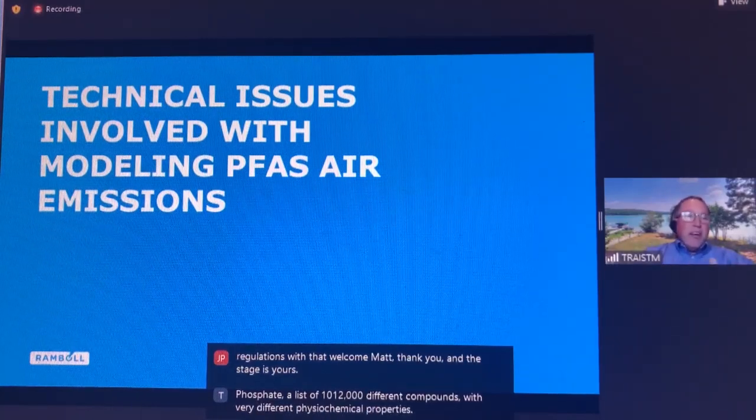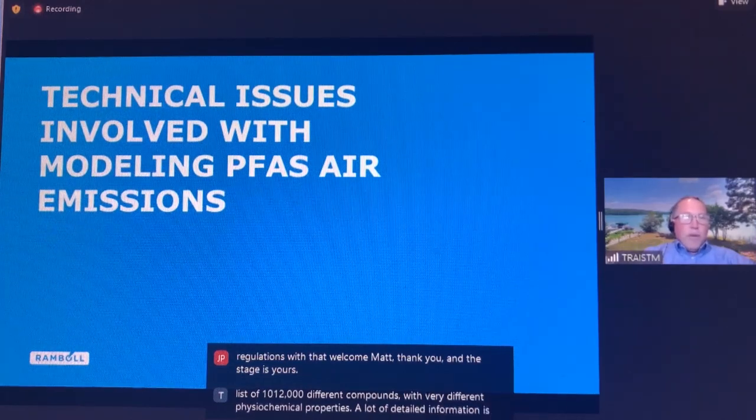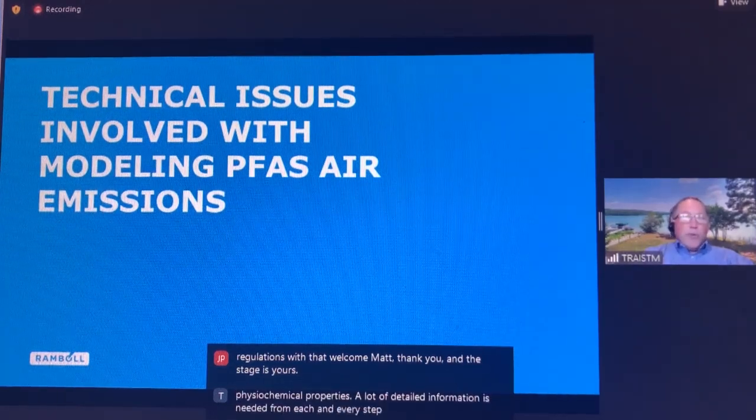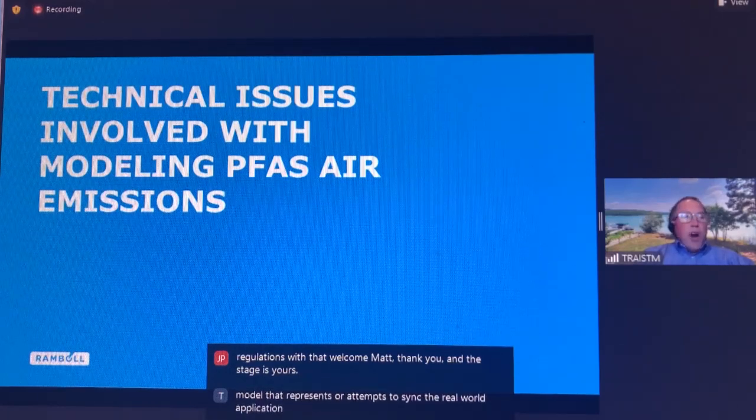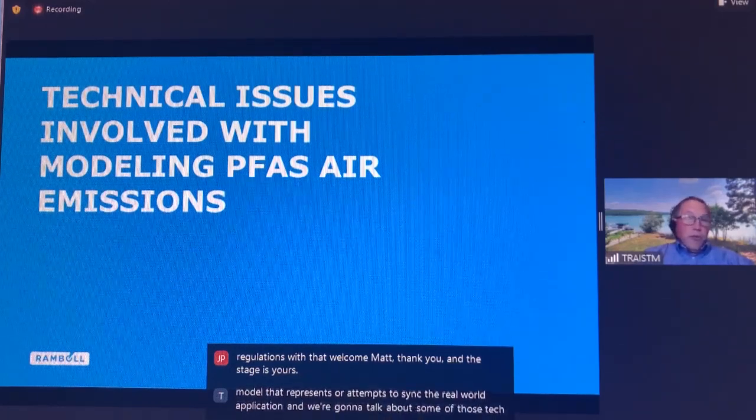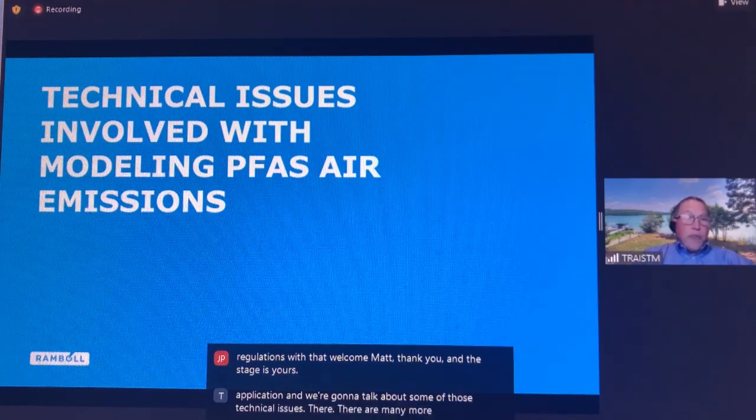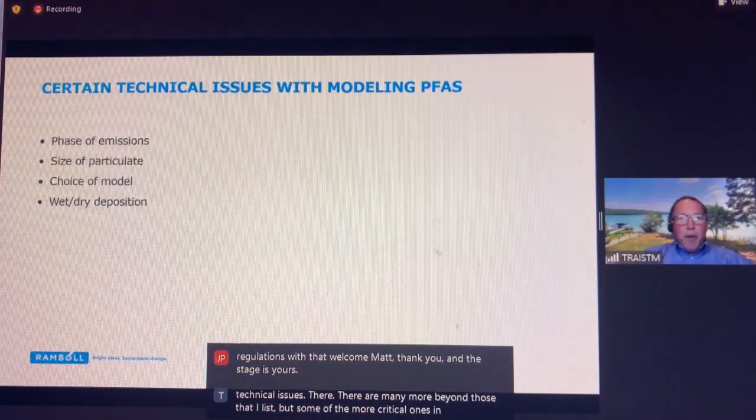A lot of detailed information is needed from each and every stack in order to construct a model that represents or attempts to simulate the real world application. And we're going to talk about some of those technical issues. There are many more beyond those that I list, but some of the more critical ones in my opinion.